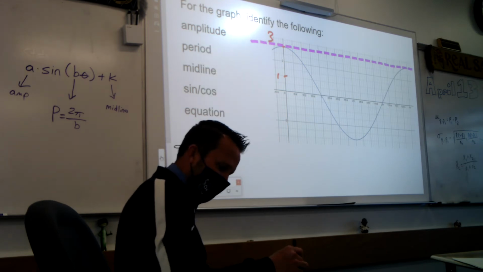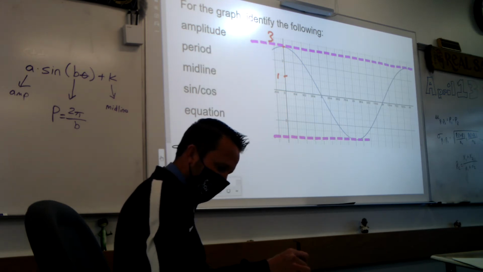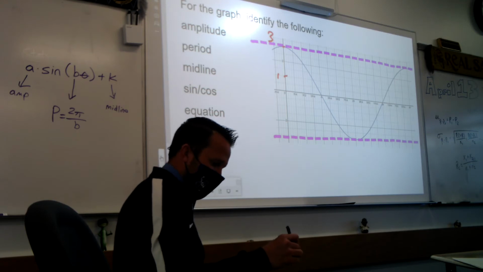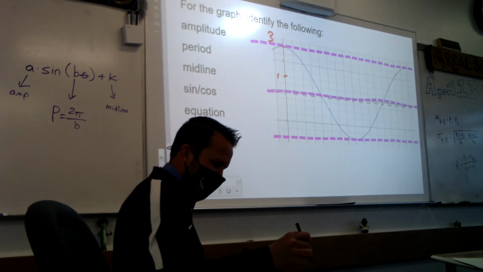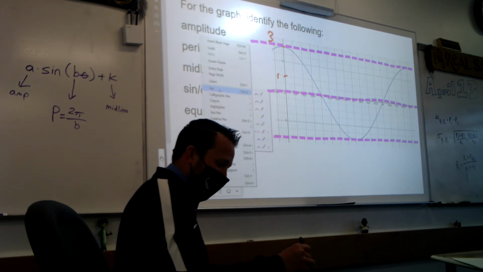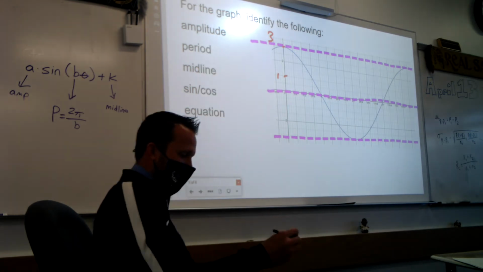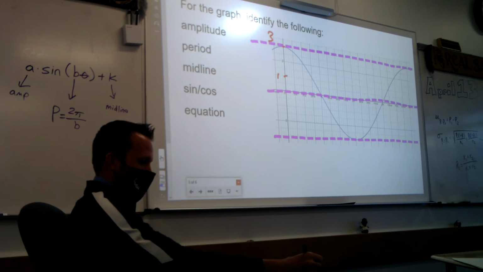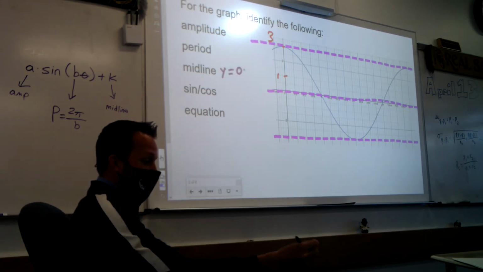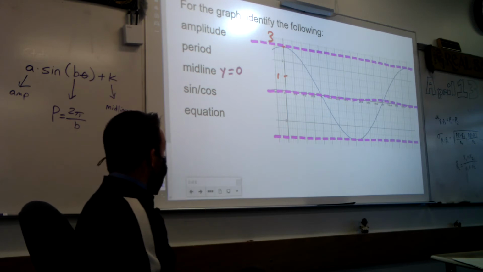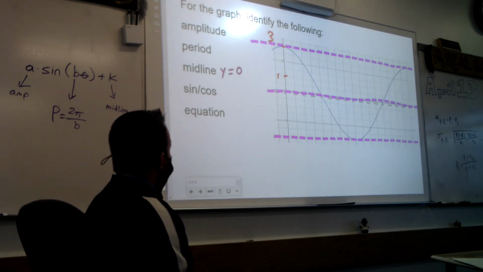So where is the minimum going to be? -3. What's halfway between 3 and -3? Okay. Now remember, how do you need to write this on your quiz? What is the equation of the midline? Thank you. If you don't add the y equals, it's actually going to mark you wrong. So make sure you put in y equals 0.